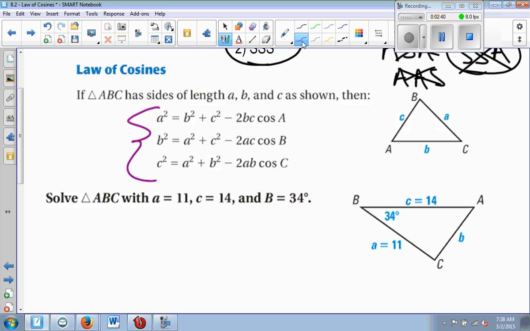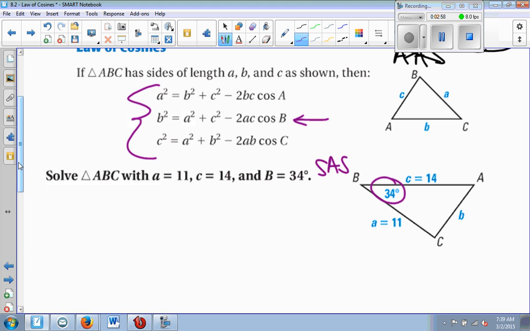So in the first problem, this is a case of side angle side because I have two sides and an included angle. When I try to decide which formula I'm going to use, it's the second one because I'm given angle B. So all we're going to do is plug everything in.